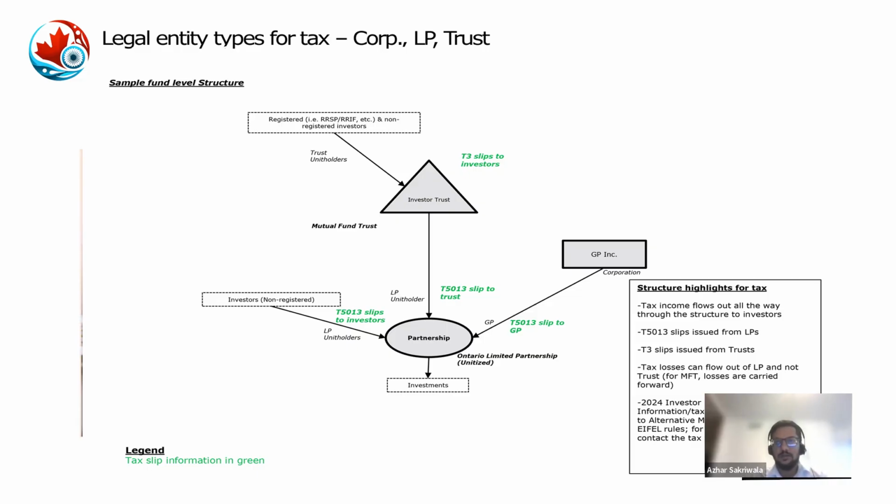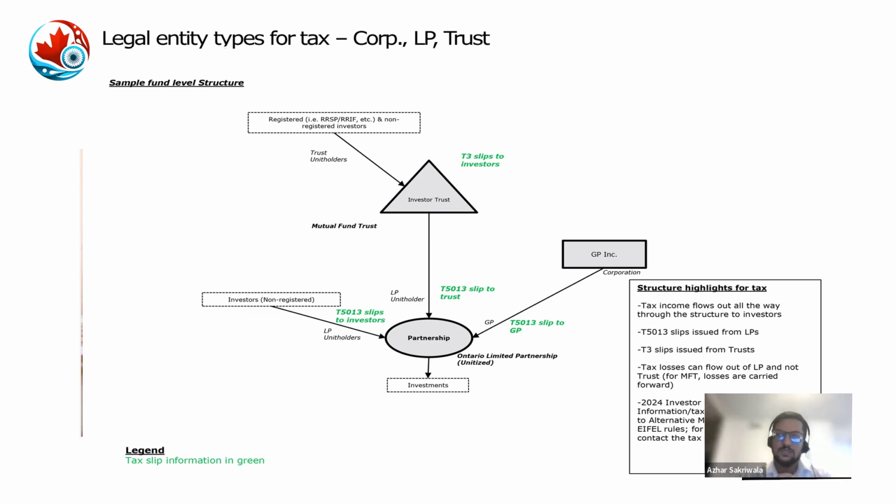So this is a sample investment fund structure where these entities are used considerably. So if you are making investments, let's say RRSP or registered retirement income plans, you must have seen that those are invested through a trust. So what does a trust do?